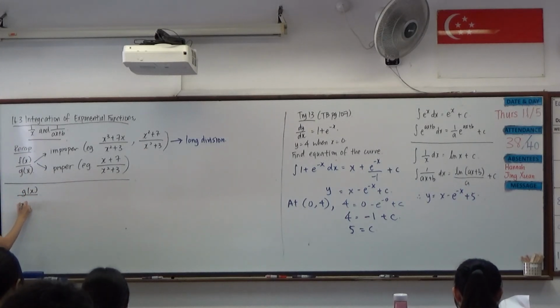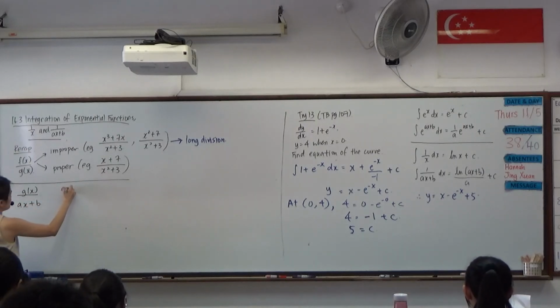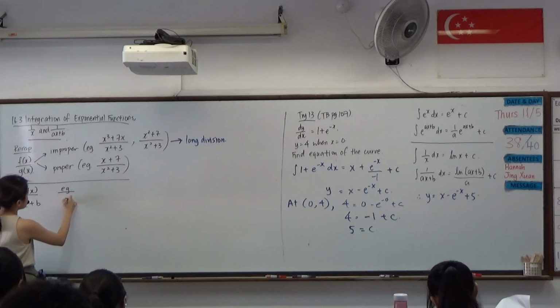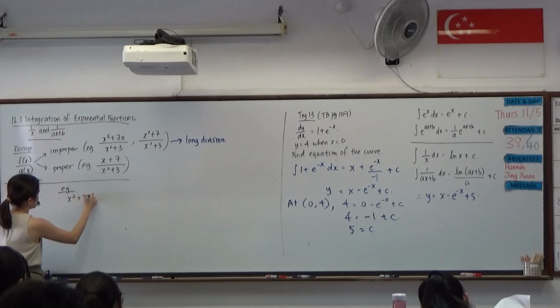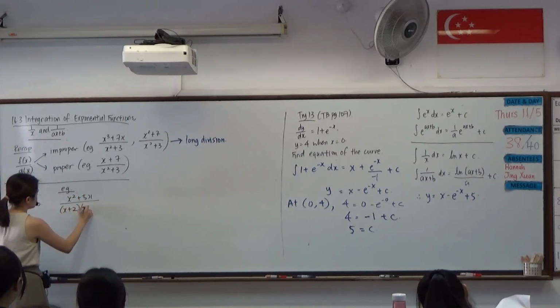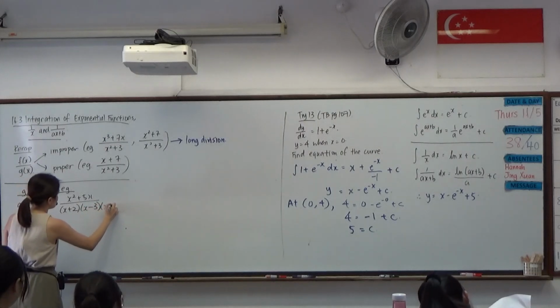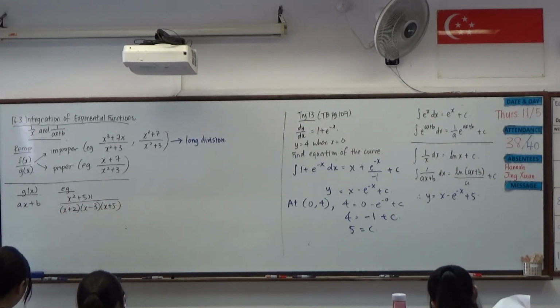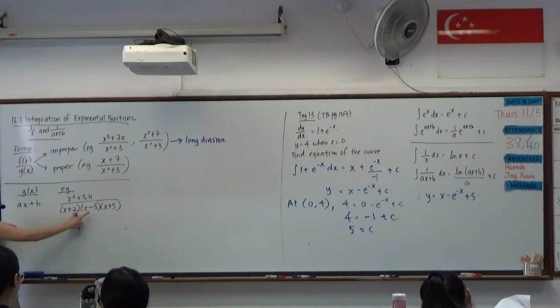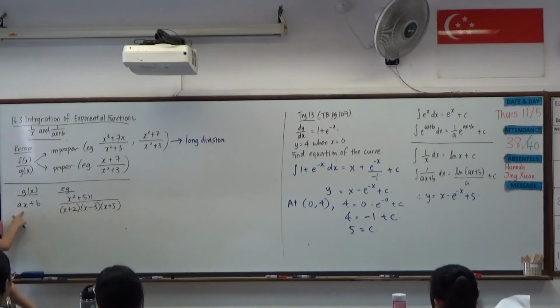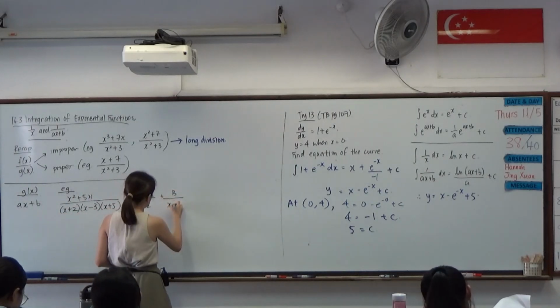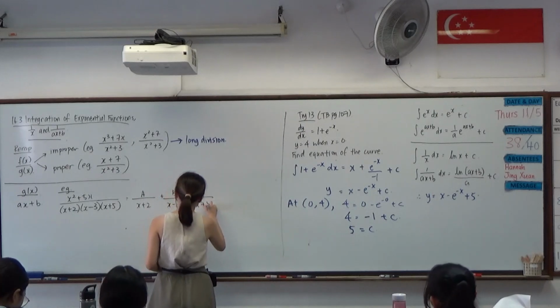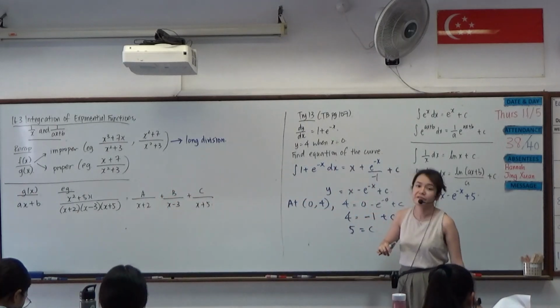So if the denominator is, let's say, ax plus b, for example, if I have x squared plus 5x over these 3, the factors are all in linear form. We can express it into 3 different partial fractions.